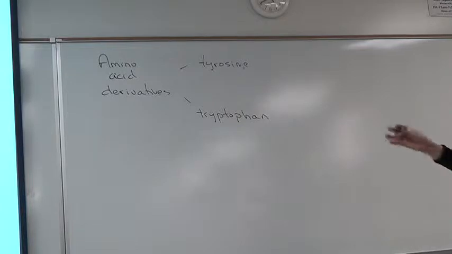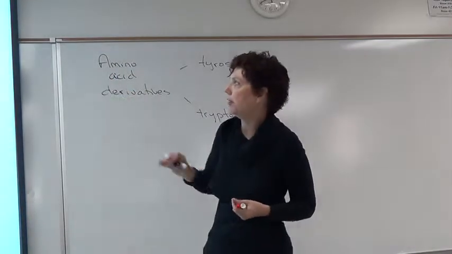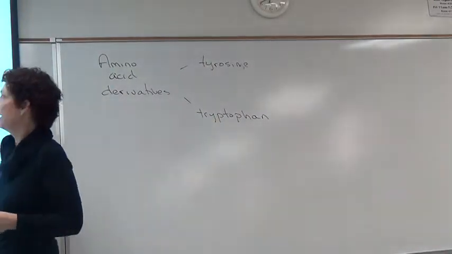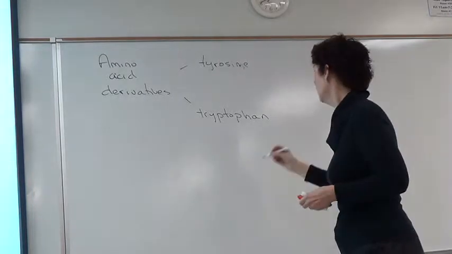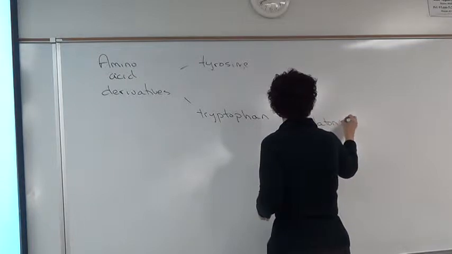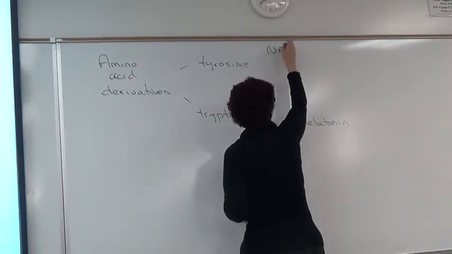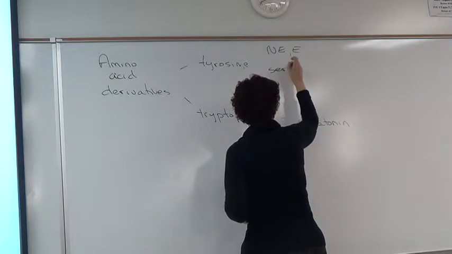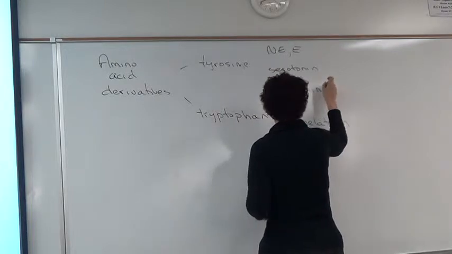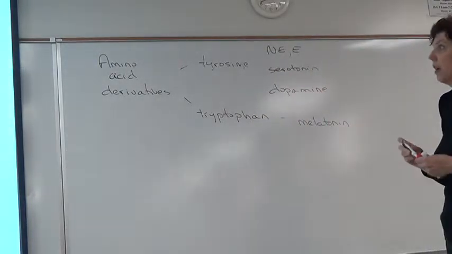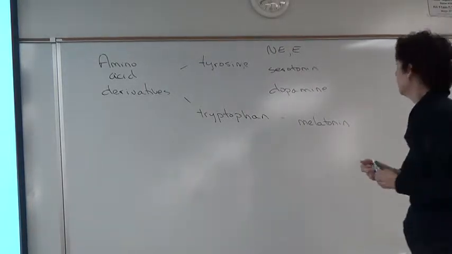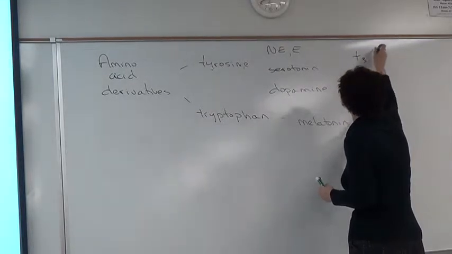Dopamine is a neurotransmitter; norepinephrine and epinephrine are all forms of tyrosine. Melatonin from the pineal gland is tryptophan. And norepinephrine, epinephrine are modifications of tyrosine, including a thyroid hormone.